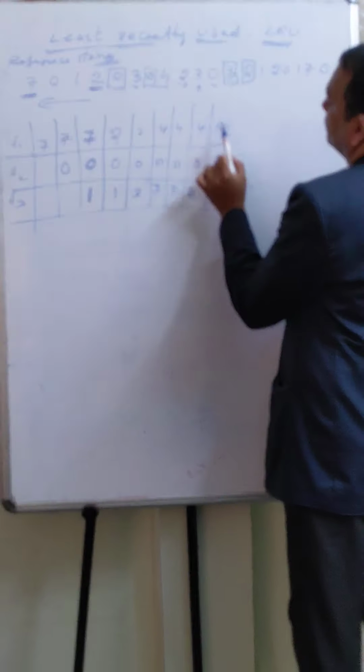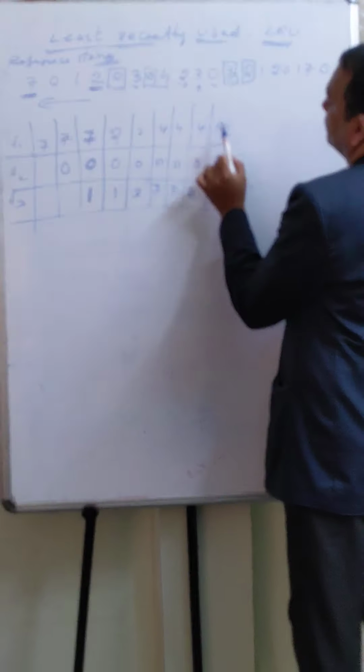Now 0: 1, 2, 3, where 3 is least recently used. In place of 3: 0, 1, 2. This is also done. Now 1 is a page hit, it is already there, no need to replace. Now let us see 7. 1 is recently used, 0 is recently used, 2 is least recent. In place of 2: 7, 0, 1.